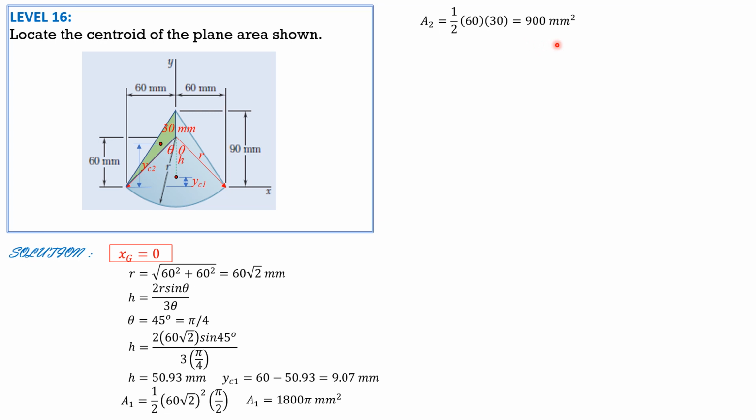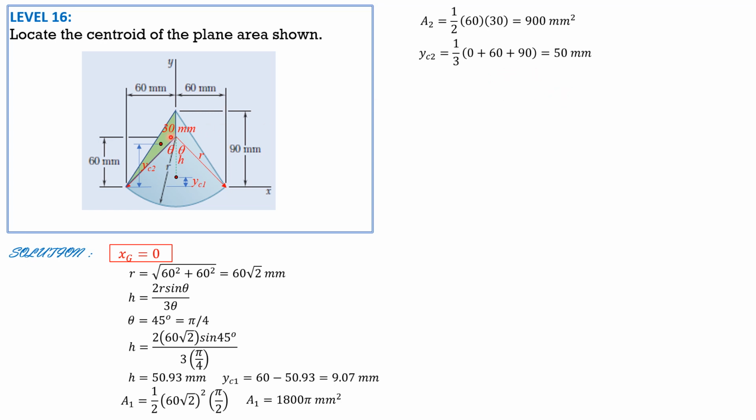And its yc2 is, remember, 1/3 of the sum of the y coordinates of the vertices. The y coordinates are 0, 60, and 90. So yc2 is 1/3 of quantity 0 plus 60 plus 90, and it is 50 mm.